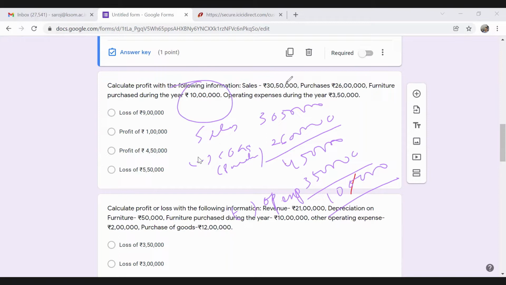Purchase of furniture is asset. Asset is not taken in income statement. We have cost of goods sold, then we have period cost. We don't have any asset to be deducted in the income statement, right? So therefore this is of no use. So the answer is 1 lakh.